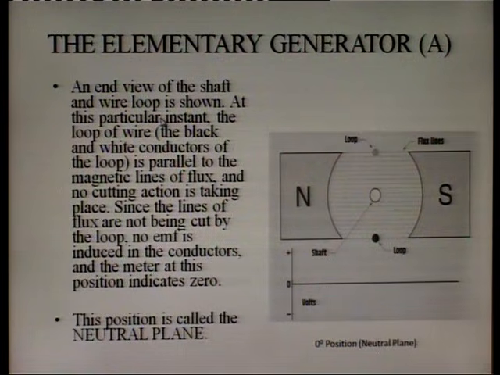As we discussed, the EMF induced in the conductor depends first on the strength of the magnetic lines of force, and second on the angle subtended by the coil to cut the magnetic lines of force.